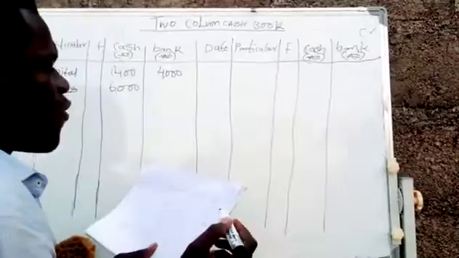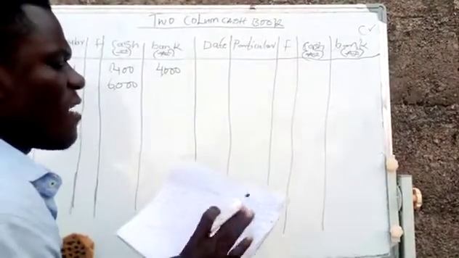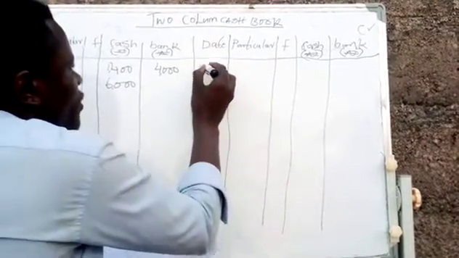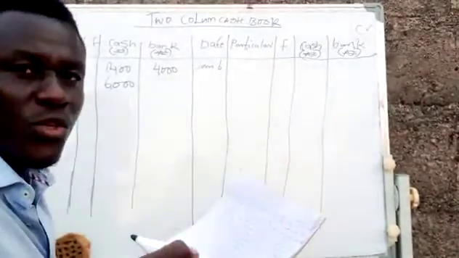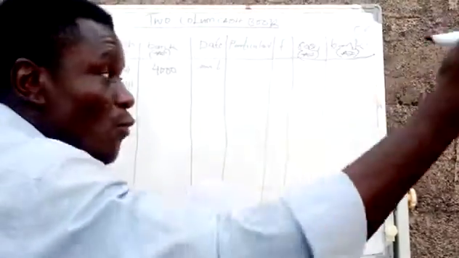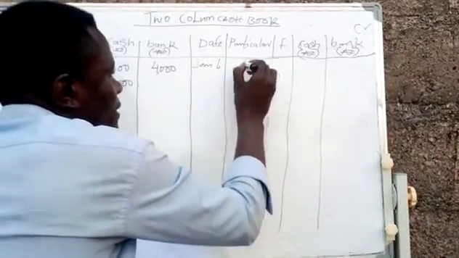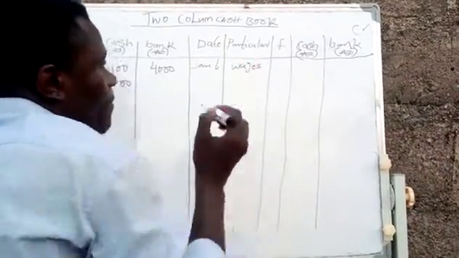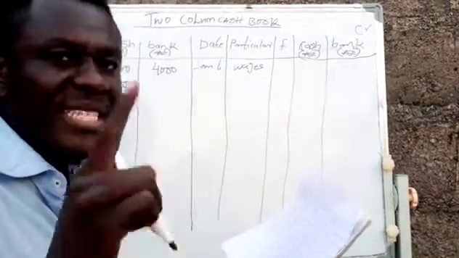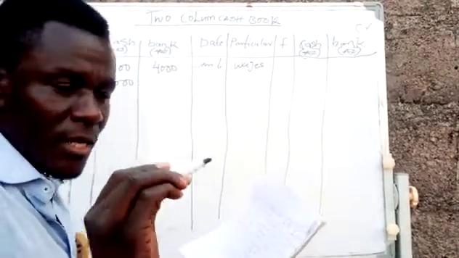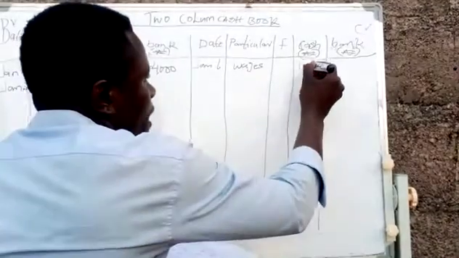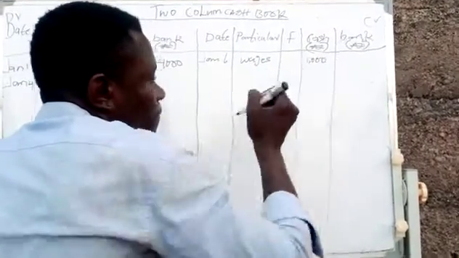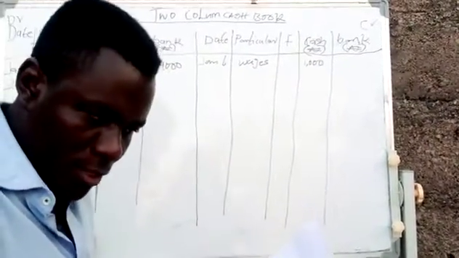Now you start with your date, January 6th, then your particular is going to be wages, because you paid for wages. And the wages you paid in cash, so the 1,000 is going to be under the cash column. Then you have 1,000. Then you go to the next question.